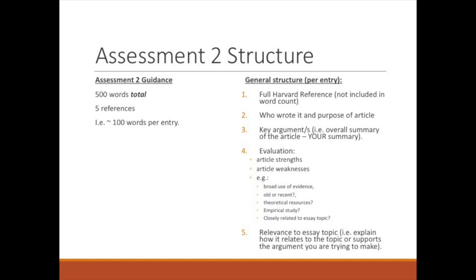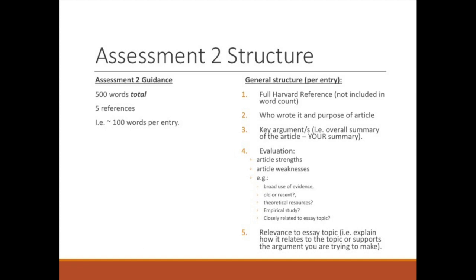Now, what are some of the things you might want to discuss in terms of strengths and weaknesses? You might comment on whether the article uses a broad range of evidence or how it produces its data or evidence. You might want to talk about if the article is old or recent. Maybe it draws on some well-established theoretical resources, or maybe it's a good empirical study.